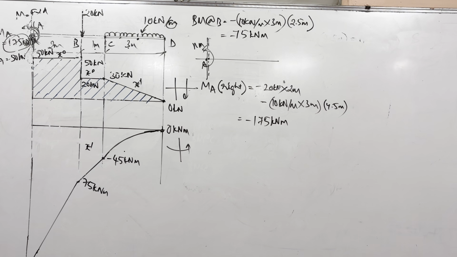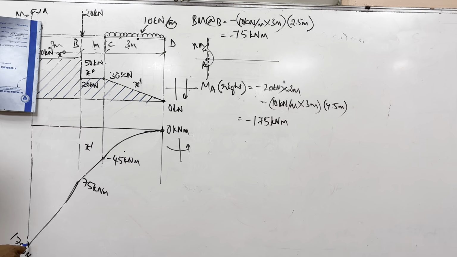Maybe it is not visible. Is it visible if I draw it here? Yes, sir. Okay, it is 175 kilonewton meter. Once you have done this, you shade this area here, and again 175.